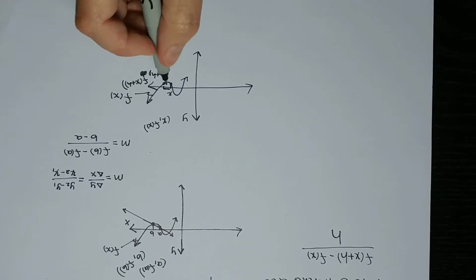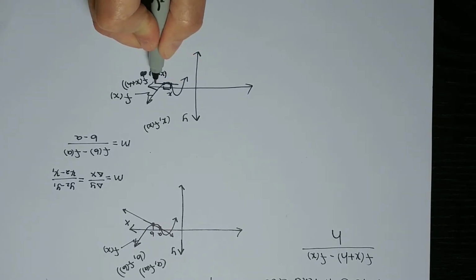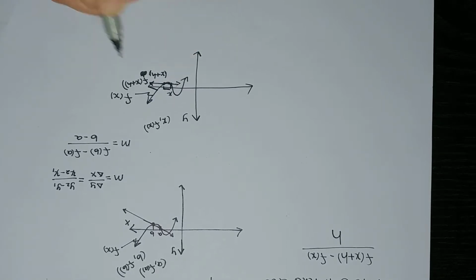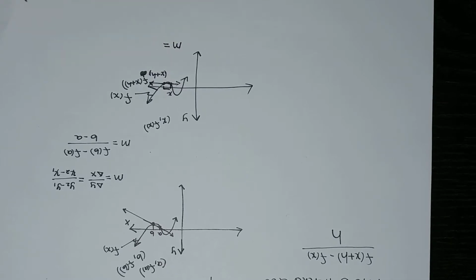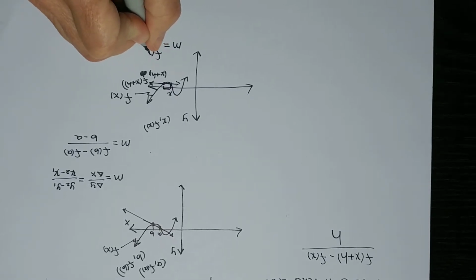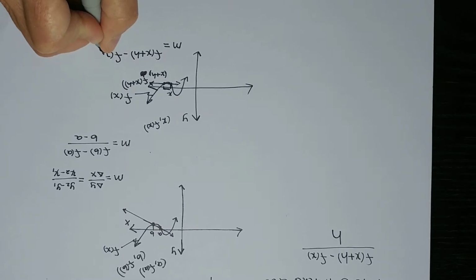If I draw a line through these 2 points like this, there is my secant line. If I want to know the slope of the secant line, then I will again calculate y2 minus y1 over x2 minus x1. So in this case, instead of having f of b minus f of a, I will simply have f of x plus h minus f of x.